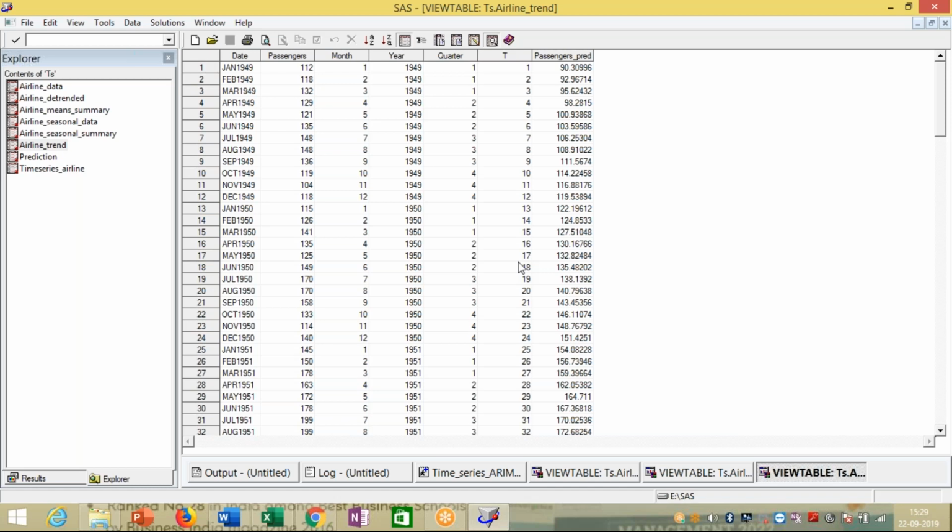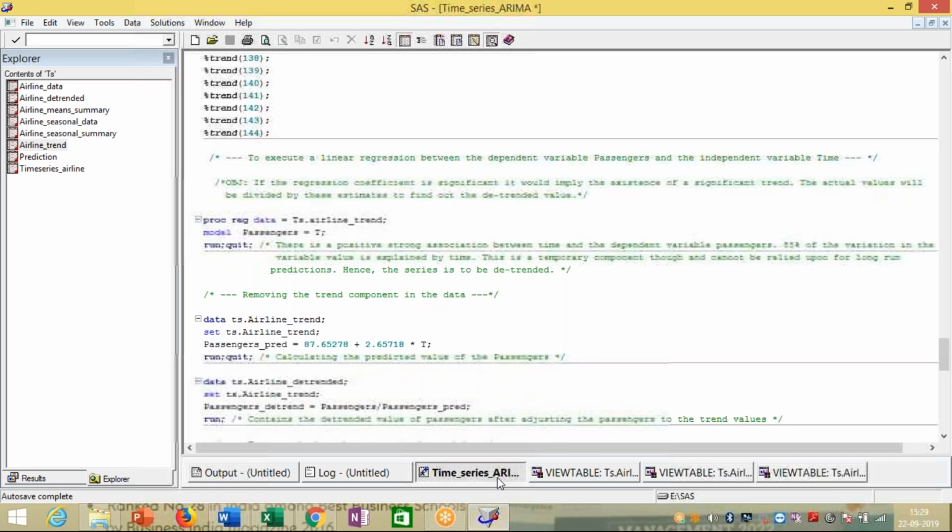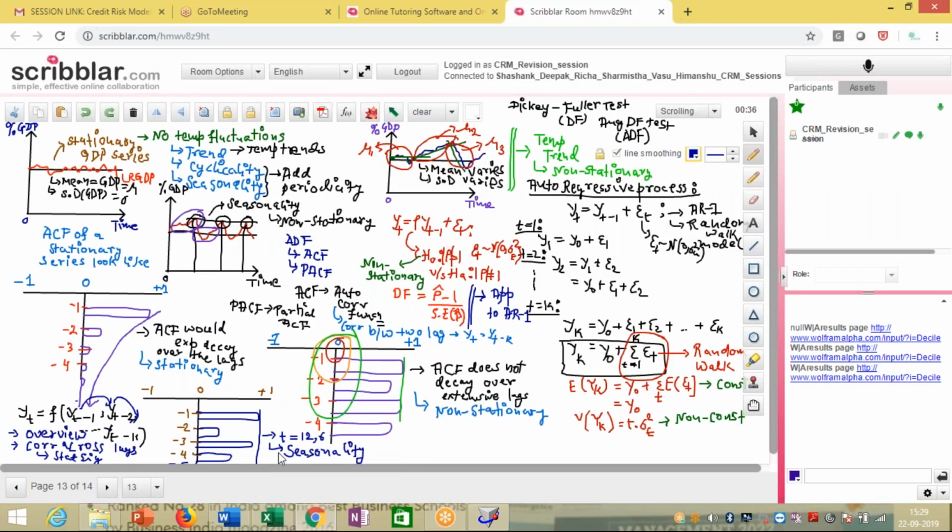If I remove that value from this data, then the remaining value that I have will be the detrended series. So I have taken 144 observations. So basically, if you have a linear trend and you want to detrend the series.